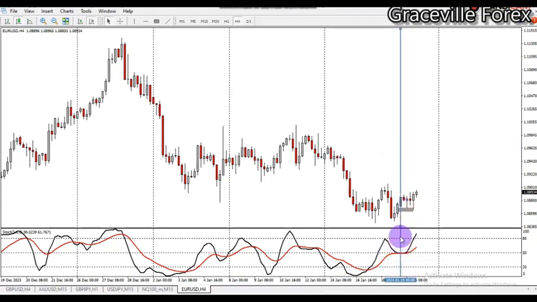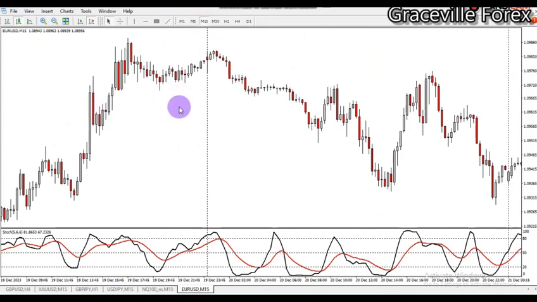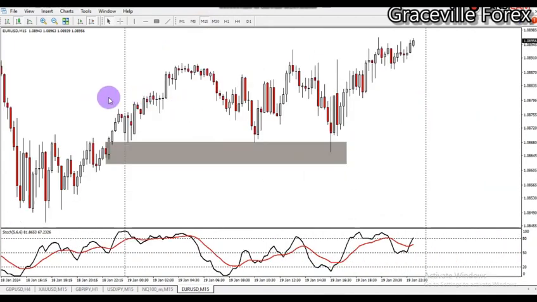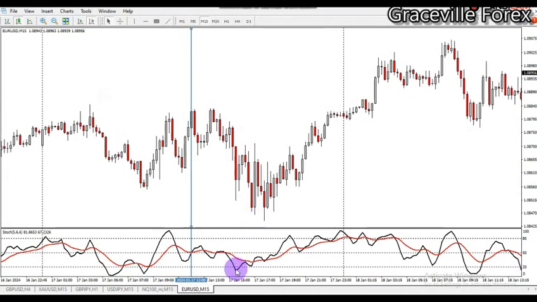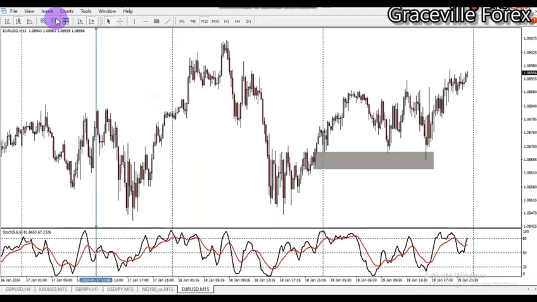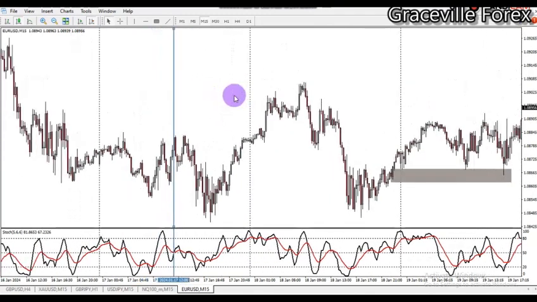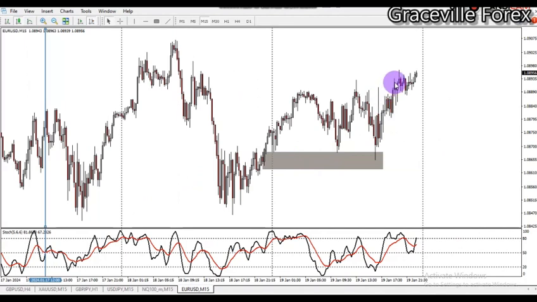Then we had this cross to the upside, so we go to the 15-minute time frame, and now we have this first push. I'm not going to take this first push. Now we have the second push here, because this strategy is very effective. And now you can see price move to the upside. This is a win trade. This is also a win trade.